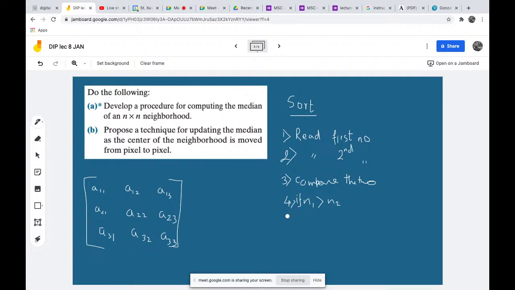So what you do is create a temporary variable. So assign n1 to the temporary variable. Remember, this is a very common and very essential step.